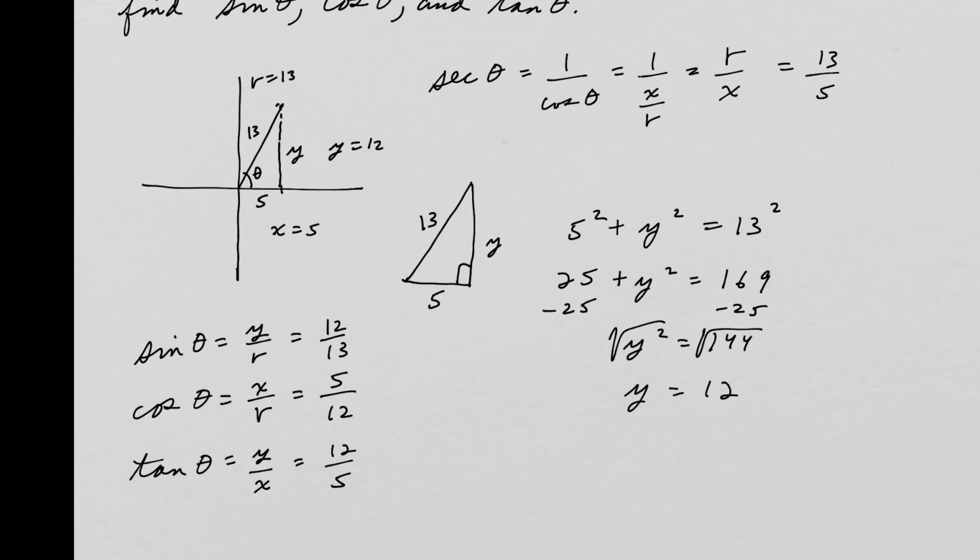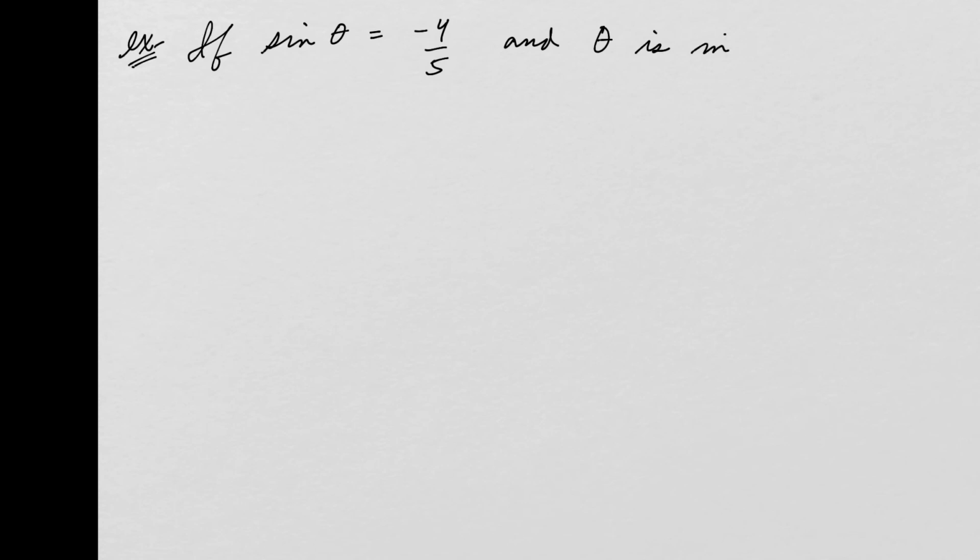Okay, here's another question. Let's say you're told that sine of theta equals -4/5 and theta is in quadrant 3.